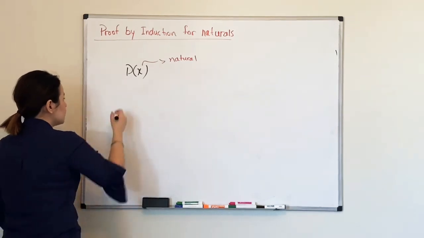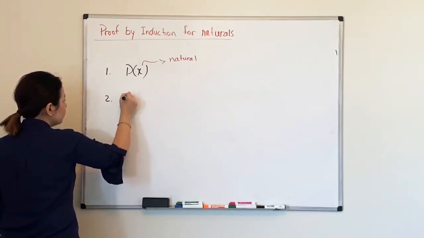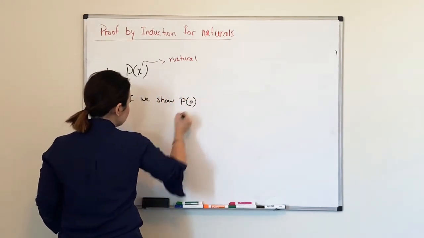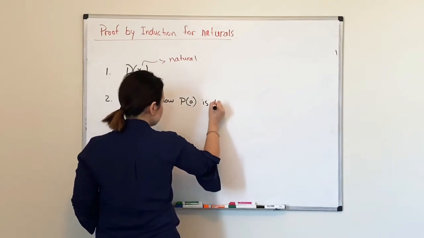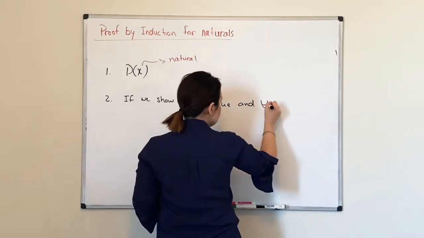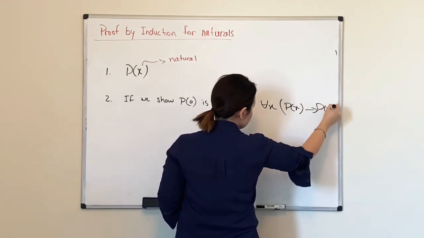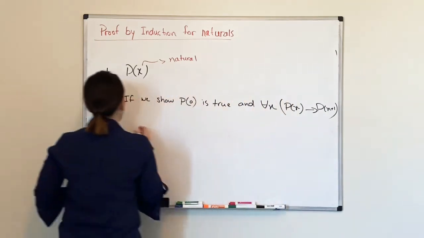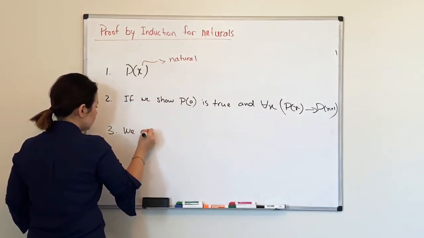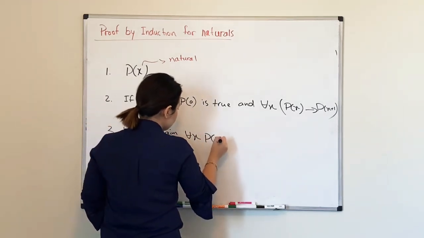What I do is that if we show P of 0 is true, and for all x, P of x implies P of x plus 1, we can claim for all x, P of x is true.